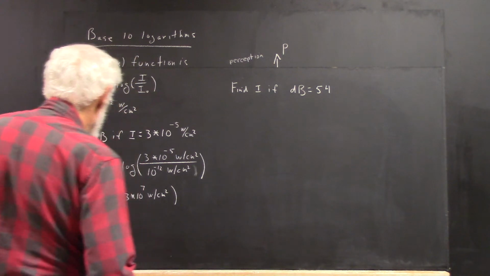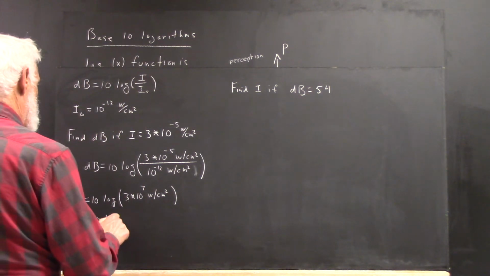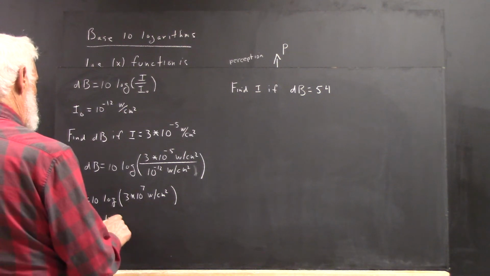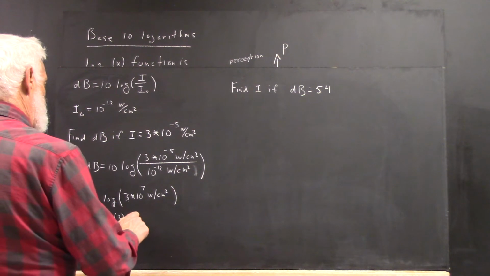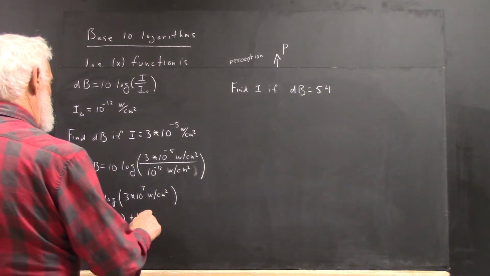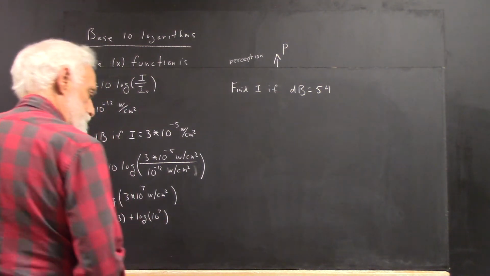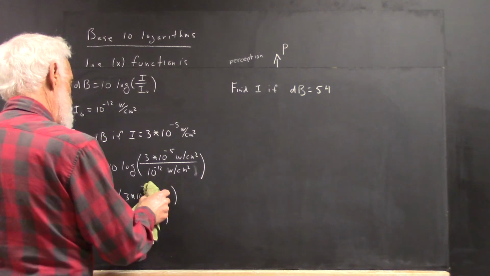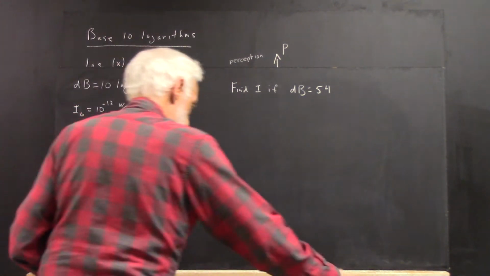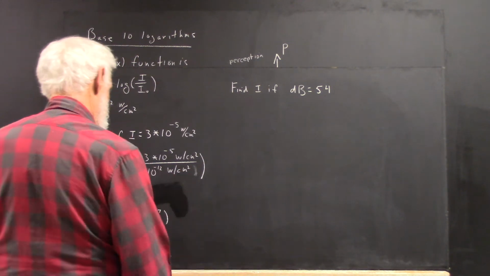If you have a product of two numbers, you can do this. And I just said the watts per square centimeter goes away. And then without thinking, I wrote it down. Be careful here. Let's see what I'm doing.